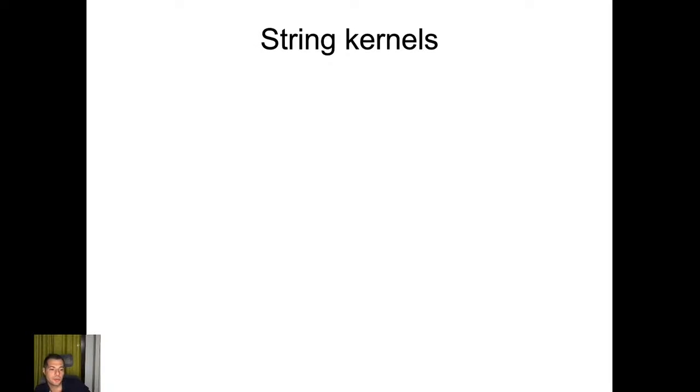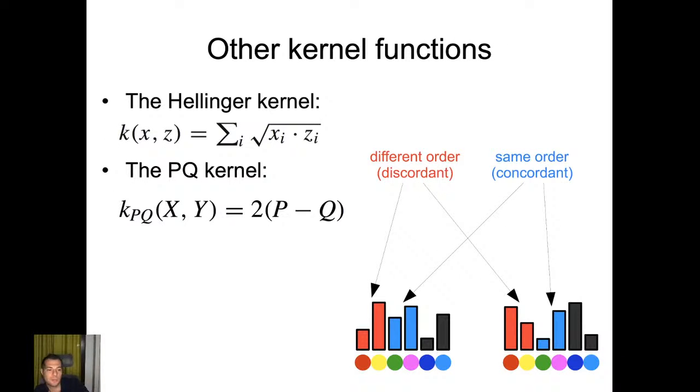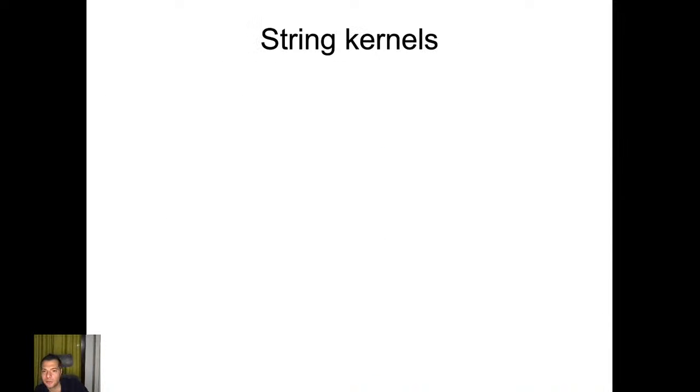So that was also a contribution in this paper, and we also have an open source implementation of this kernel function. So far I presented generic kernel functions that can be used essentially for any data types.